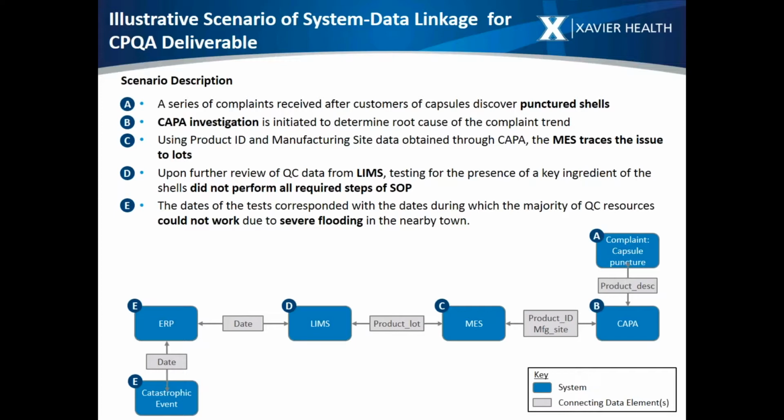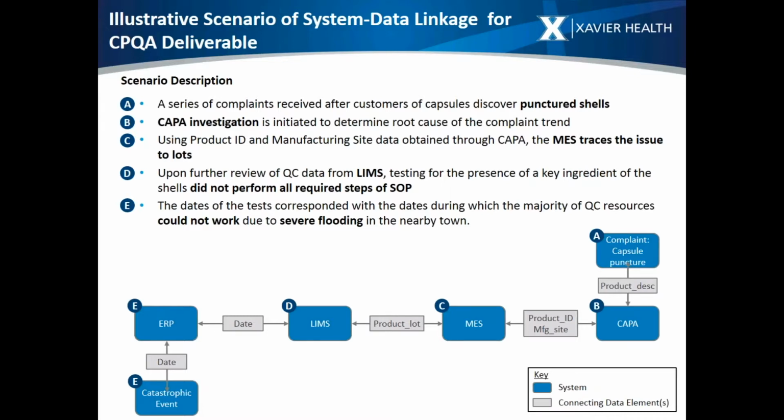And then the last one, the E, is the catastrophic event. Think about things that happen around the world, like the weather events in Japan and how that potentially impacted products that came out of there, or any place you have flooding or earthquakes, et cetera. Those kinds of external events that we might not always think about are an excellent addition to any type of system map.